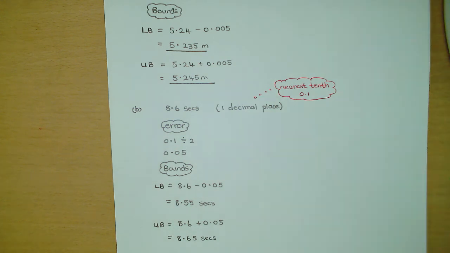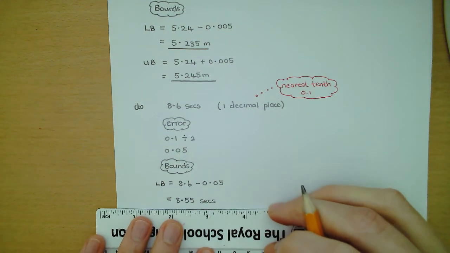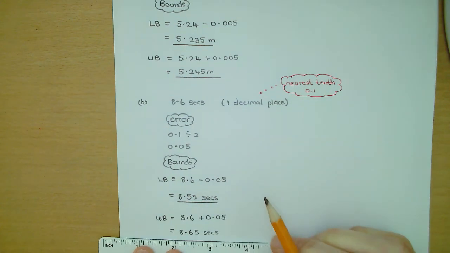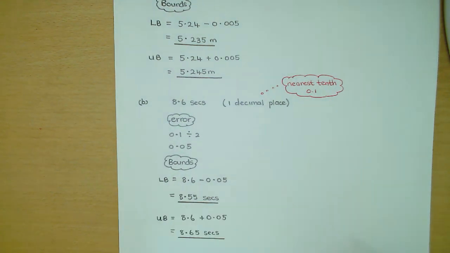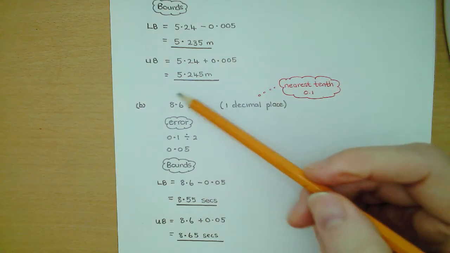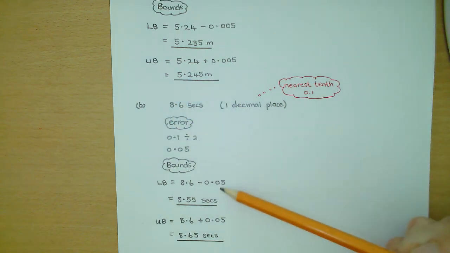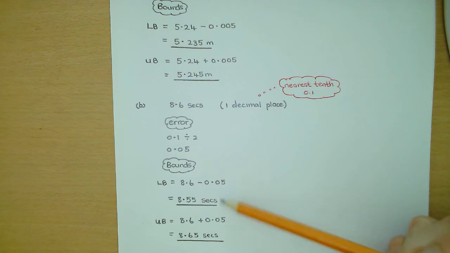Okay, and that's our answer for part B. So in other words, before the quantity was rounded to 8.6 seconds, the actual quantity could lie anywhere between 8.55 and 8.65 seconds inclusive.